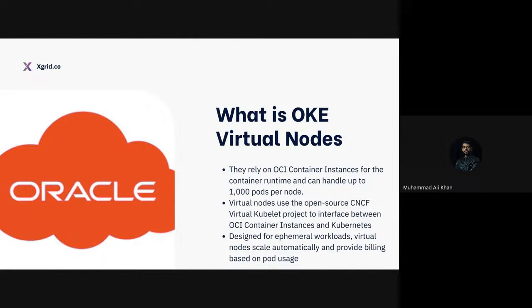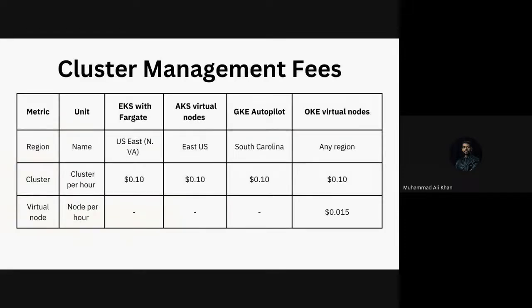But what virtual kubelet does is manage your pods directly and provision the node on top of that virtual kubelet. Okay, there is a diagram here which will help you understand.